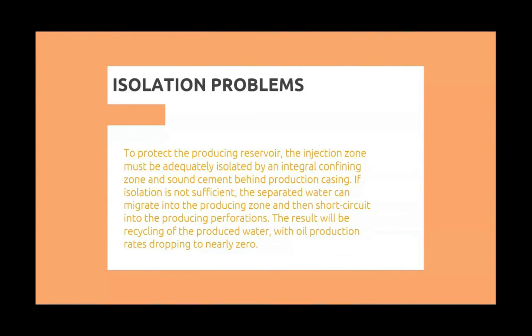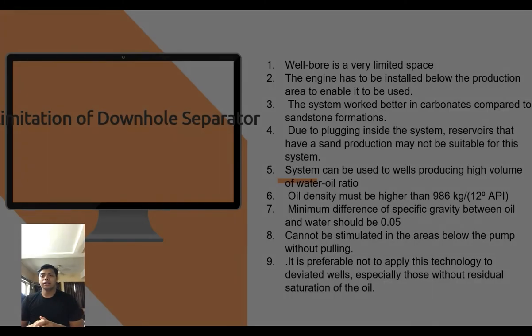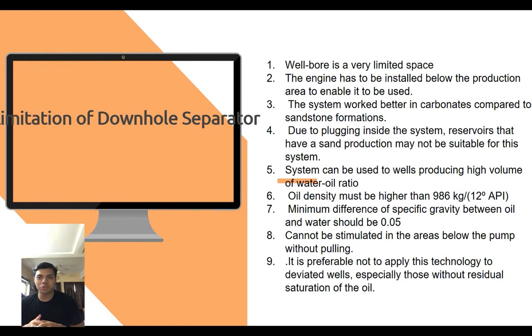This can create problems as we want to produce pure oil without any addition of water, which can cause problems when we treat and produce the oil and gas. The result will be recycling of produced water with oil production rates dropping to nearly zero because the water will overly dominate.